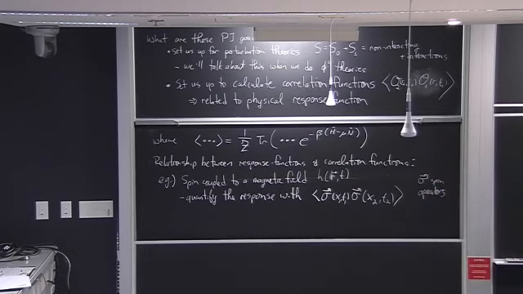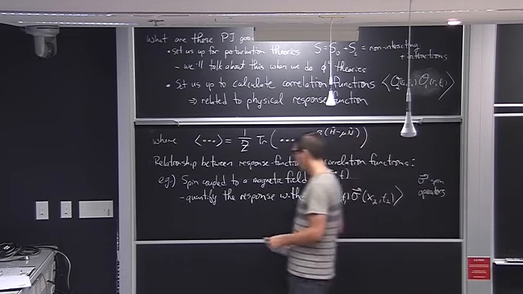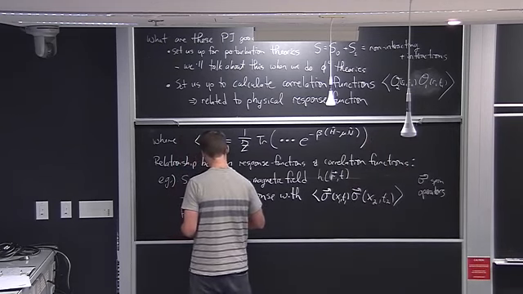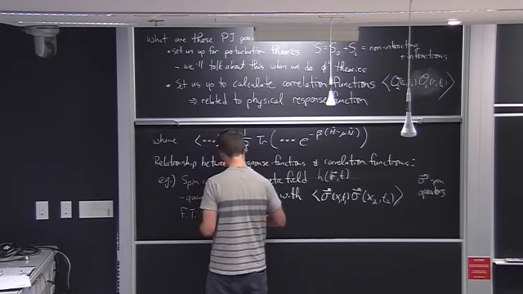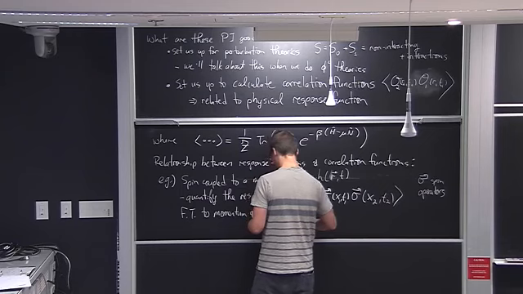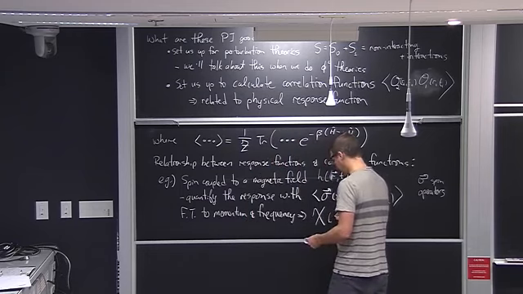And if you Fourier transform that into momentum and frequency space from real space and time, that gives you, so I want momentum, what am I calling it?